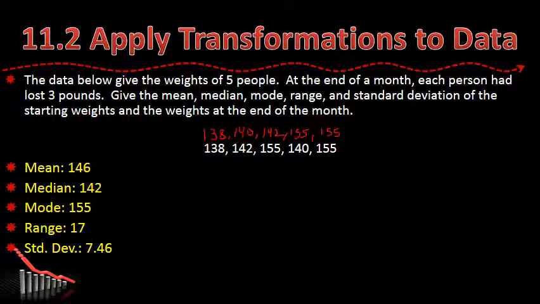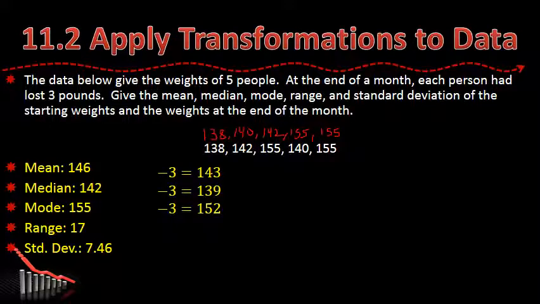So that should change our mean, median, and mode by adding a negative 3 or subtracting 3. So the new mean should be 146 minus 3, which is 143. The new median would be 142 minus 3, which is 139. The new mode is 155 minus 3, which is 152.